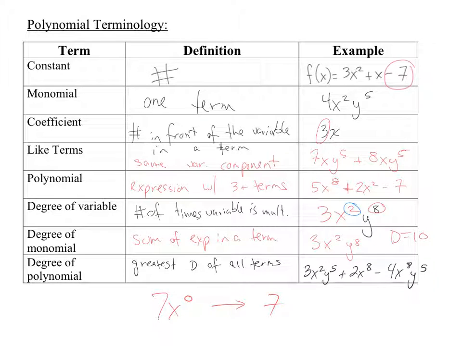But for the degree of the variable there, that's 10. So this overall monomial degree is 10, correct? But if you had plus x, the degree of the polynomial would still be 10, yep. That's right. So you look at each term individually, the degree, and then the largest of those is the degree of the polynomial.